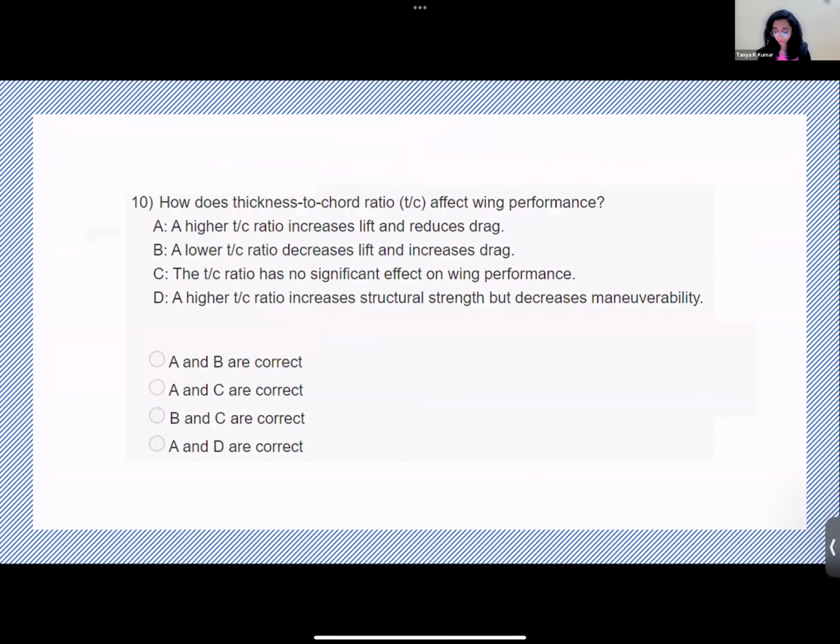How does thickness to chord ratio affect the wing performance? So this is a slightly ambiguous question because we had seen one of the graphs that sir discussed in the class, which was CL versus thickness to chord, and it followed a pattern like this. So up to this region, when you increase the thickness to chord ratio, we see an increase in the lift.